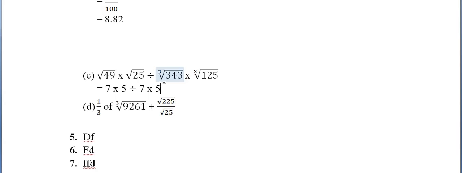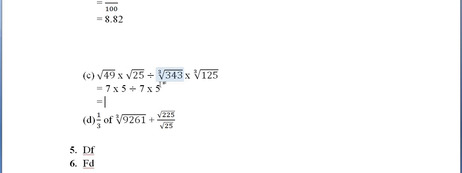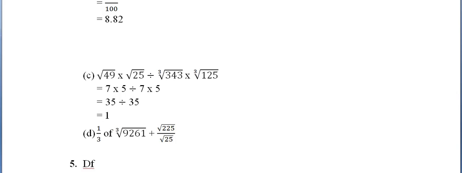Because this 5 cannot be divided by 7, isn't it? What you could do already here is, you can solve these two first, because they are the cube roots, and then you could do like this. That is 35. Okay, you can write the division sign out here, and then 35, so your answer will be 1. Okay, so that's one way.